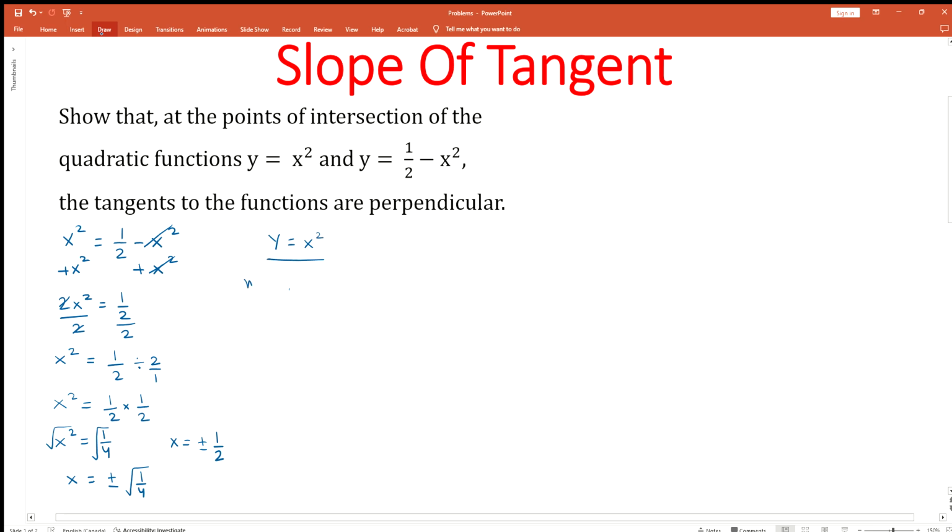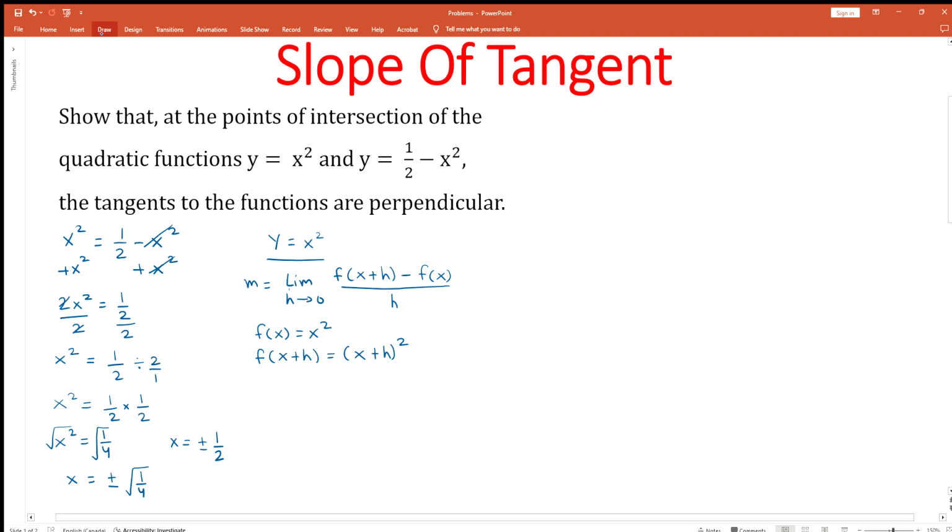The formula for slope of tangent is the limit as h approaches 0 of f at x plus h minus f at x, all divided by h. f at x is equal to x squared. The given equation for the function f at x plus h is equal to x plus h squared. We replace x with x plus h.